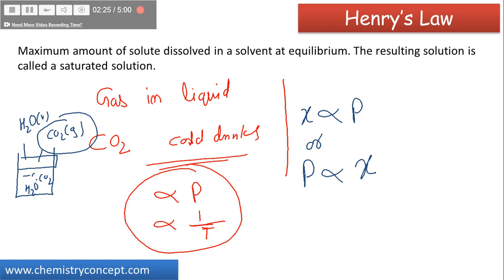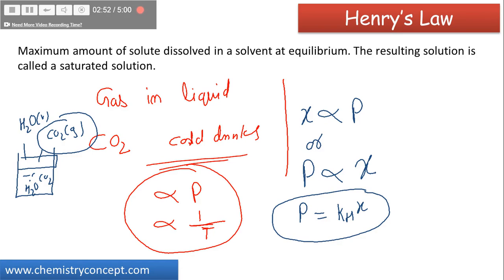If I dissolve greater amount of carbon dioxide in the water, there would be greater amount of carbon dioxide in the vapor also. So the partial pressure of the gas over the solution is directly proportional to its concentration in the solution, right? And if I eliminate this proportionality sign, I have to put a constant that is called Henry's law constant, and this is called Henry's law.